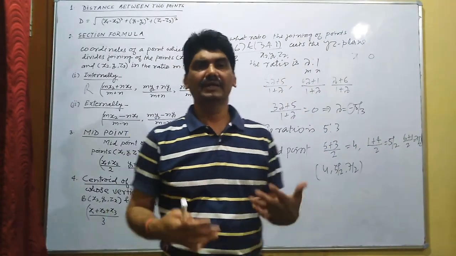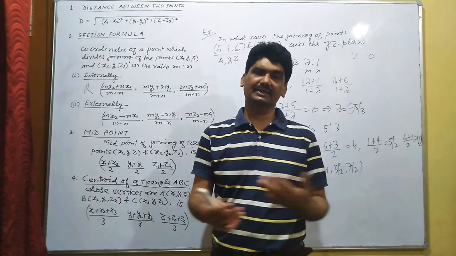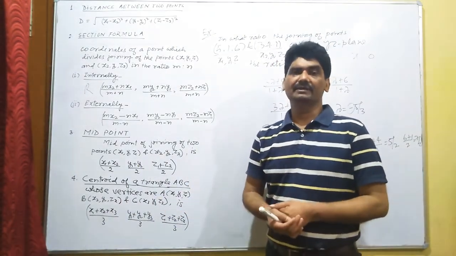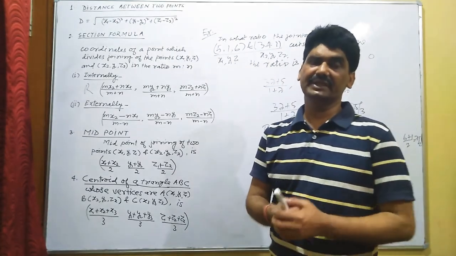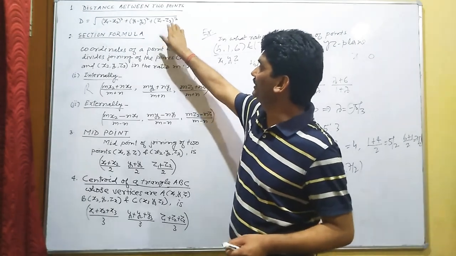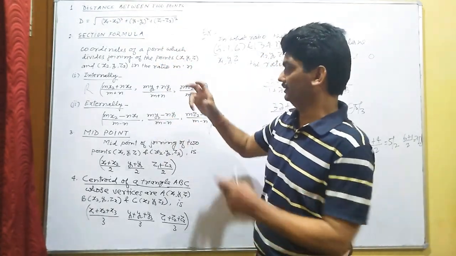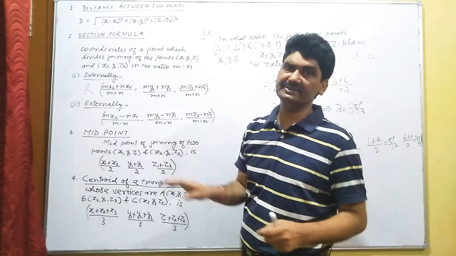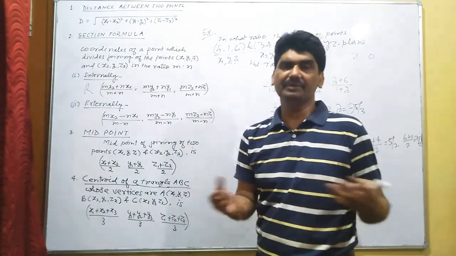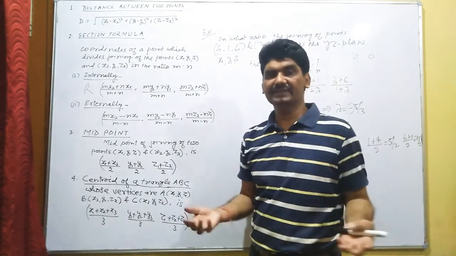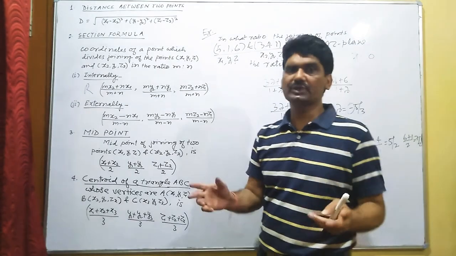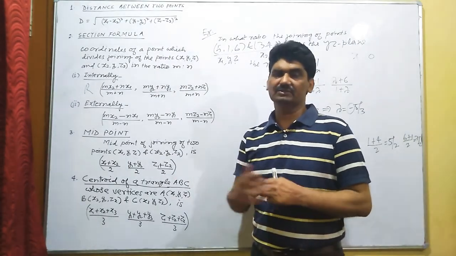For example, in the case of a triangle, if 3 vertices are given and we are asked whether it is a right angle triangle, isosceles triangle or equilateral triangle, then using this formula we find all sides, that is the joining of 2 vertices. If Pythagoras theorem is satisfied, it is a right angle triangle. If 3 sides are equal, it is an equilateral triangle. If 2 sides are equal, it is an isosceles triangle.